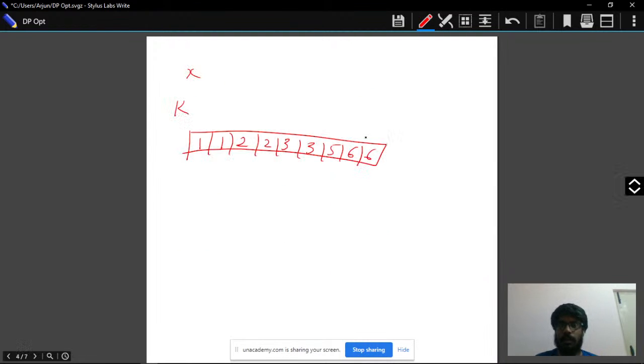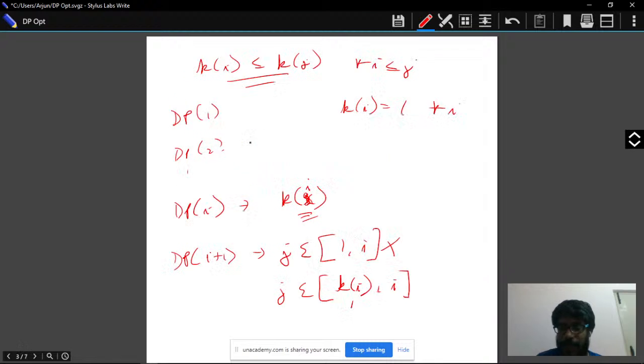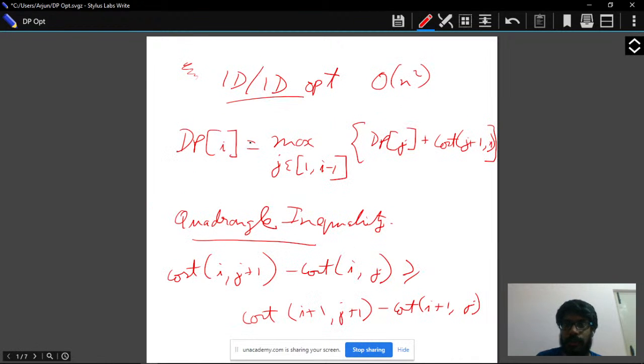So coming back here, if we had this k array, is it clear that we already get an order n solution? Because for every dp of i, I don't need to go through this loop. Instead, I'll just go to that particular j, which is k of i, and compute dp of k of i plus cost of k of i plus 1, comma j, comma i, and I'll be done in constant time.